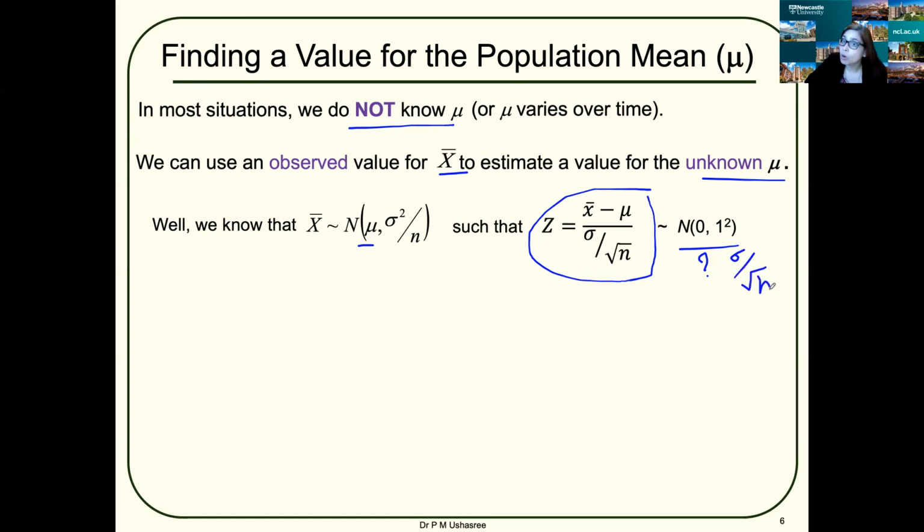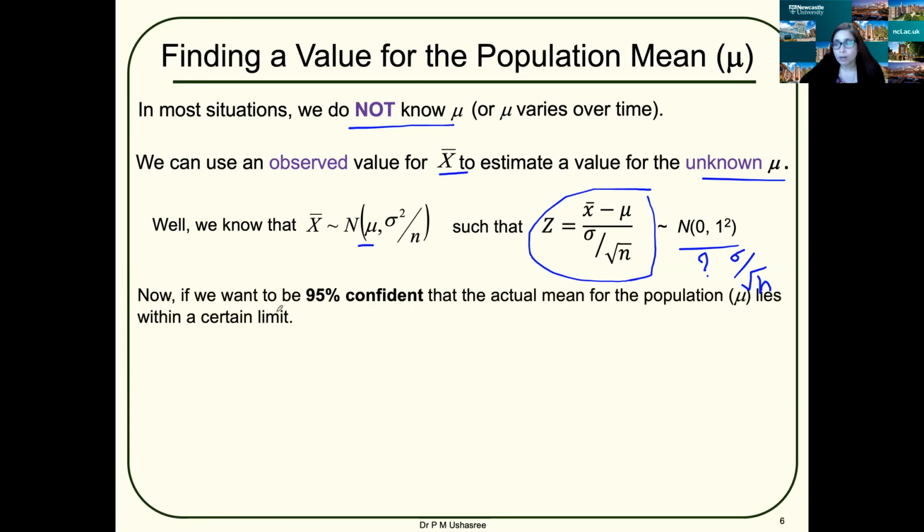This is also called the standard deviation of the sampling distribution. Yes, that's right. Now if you want to be 95% confident that our true population mean lies within a certain limit, how will you find the limit?